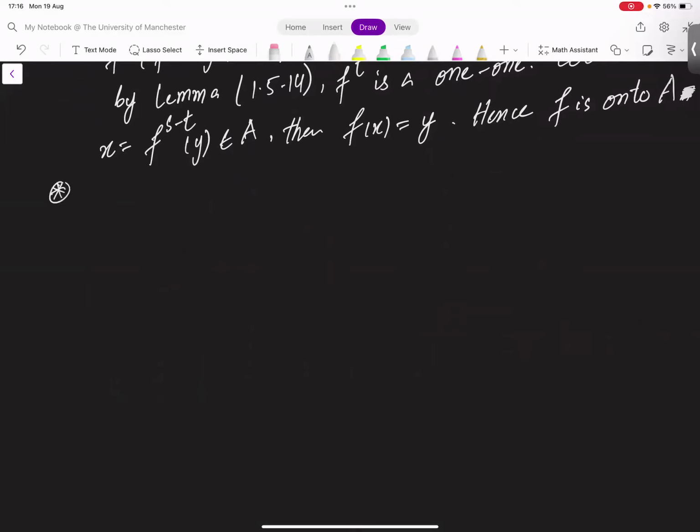So provide a definition that says very important concept about functions.